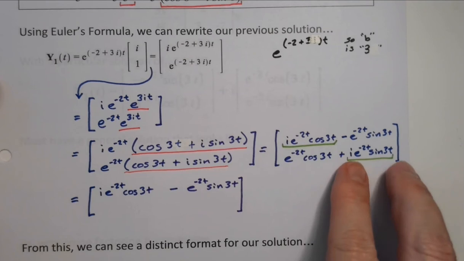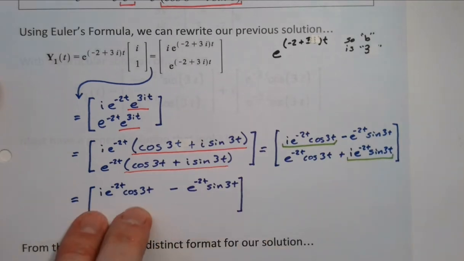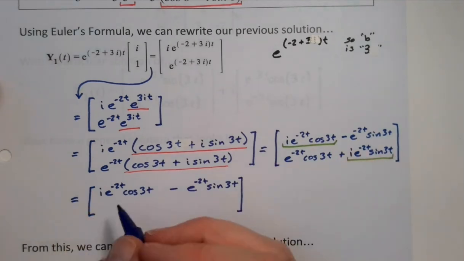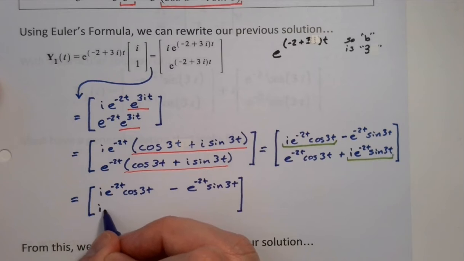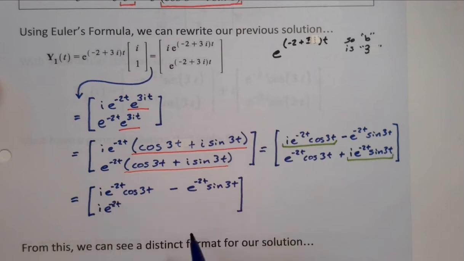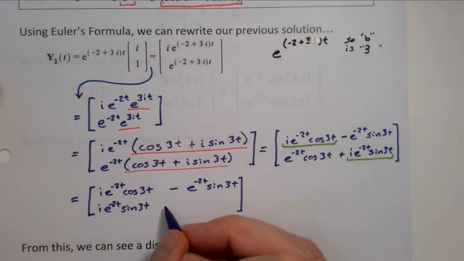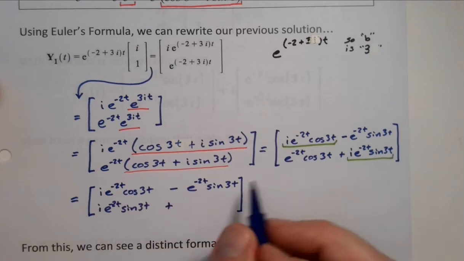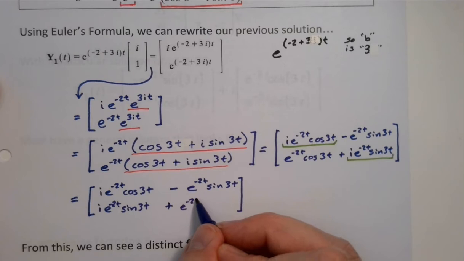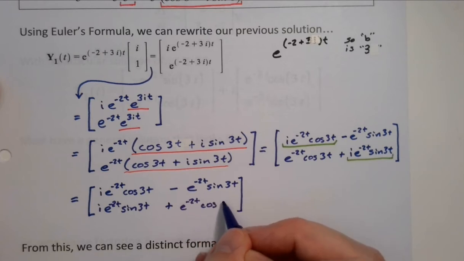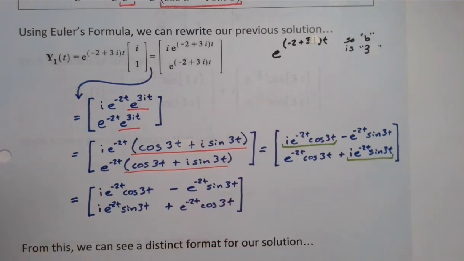And in the bottom, I'm just going to take this one and put him first in the order. So it'll be i times e to the minus 2t times sine of 3t plus what's left over here, e to the minus 2t times cosine of 3t. And so all I did was put my terms that have an imaginary value in front.